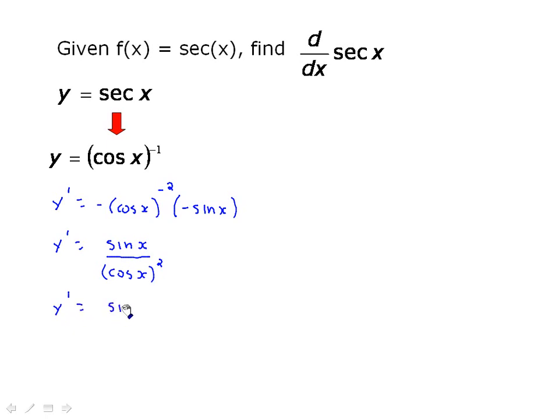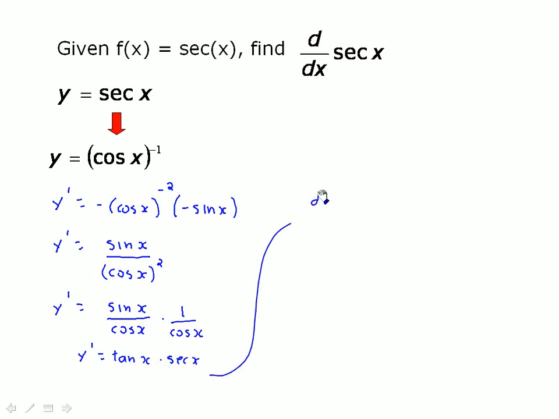So we could write it in a better form as sine x over cos x, times 1 over cos x. Right away you're probably thinking that sine over cos is the form you want, because that is equal to tan. So y prime is equal to tan of x times the reciprocal of cos, which is secant x.